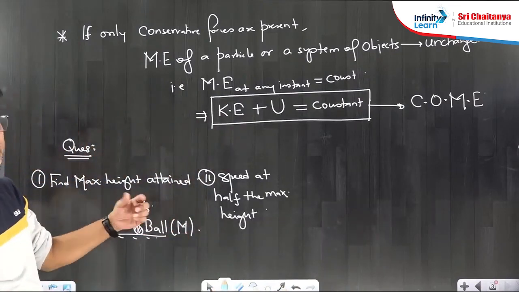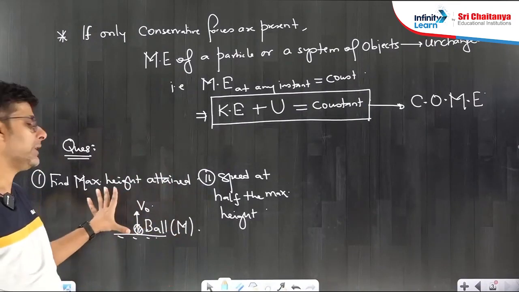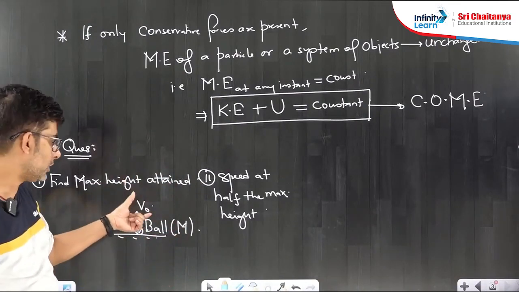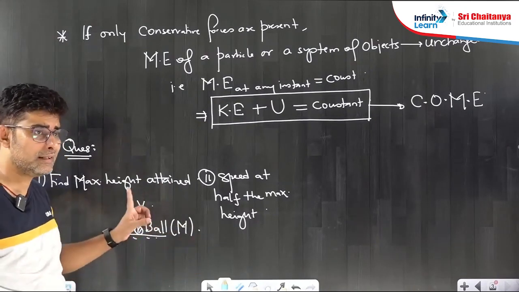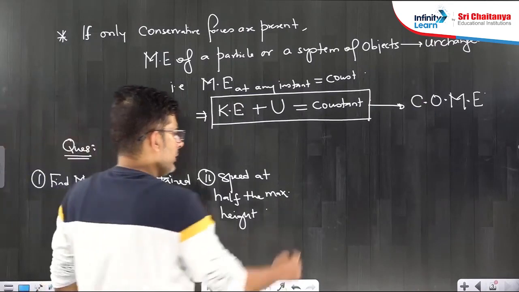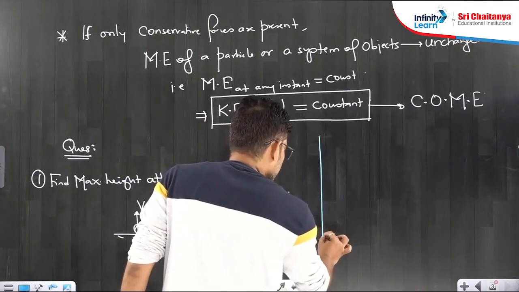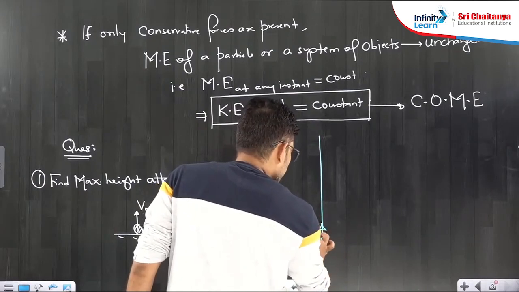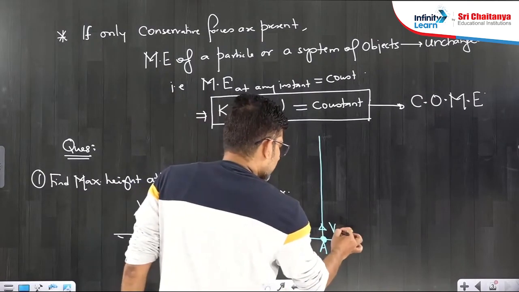Now this question can be directly solved by motion under gravity, but that too is a consequence of conservation of energy, because the only force acting in this case is gravitational force, and I told gravitational force is conservative. So if I take three positions, first here A, from where you threw the ball upwards, which was ground, here h is equal to 0, speed was v naught.